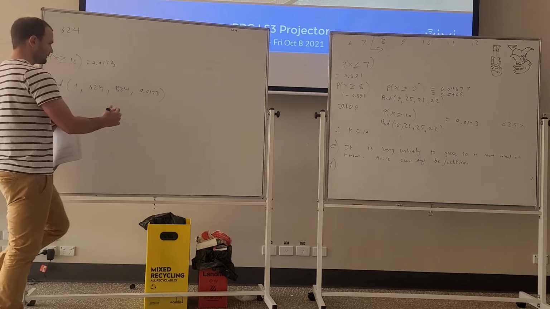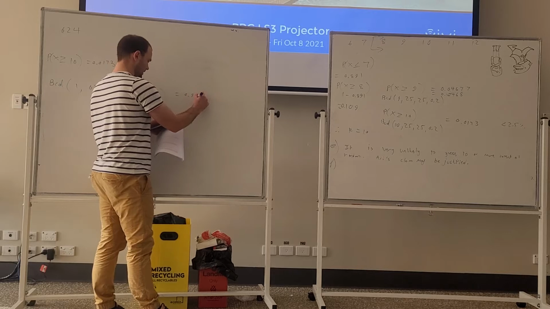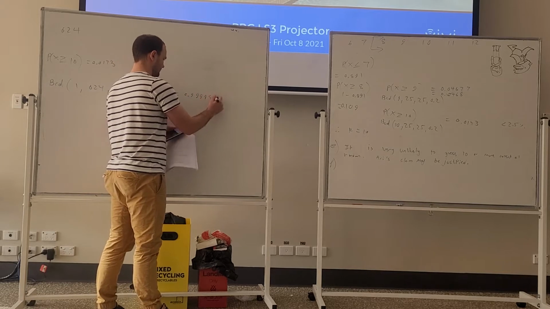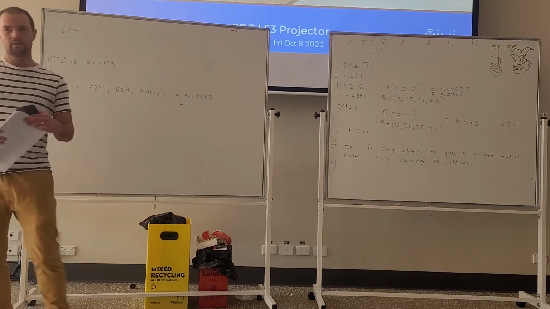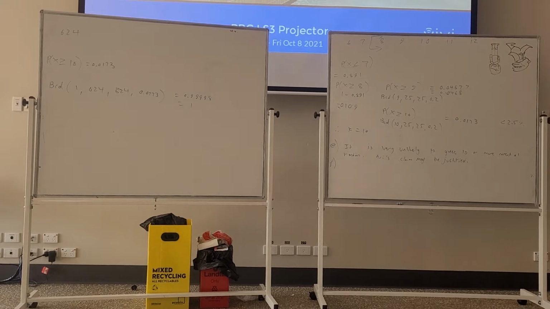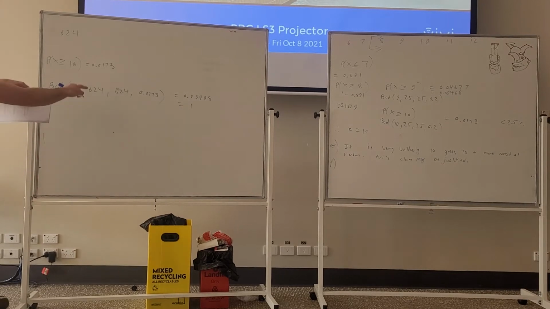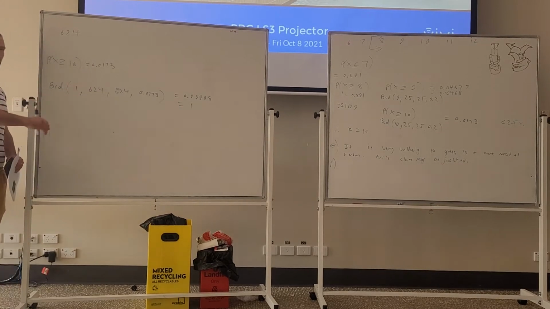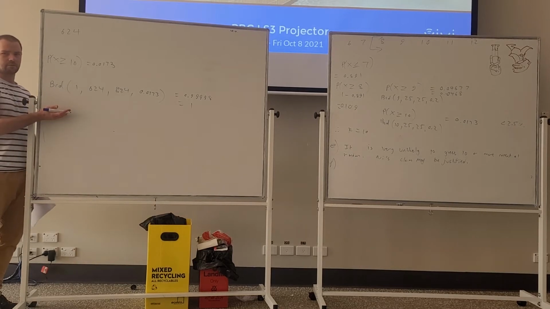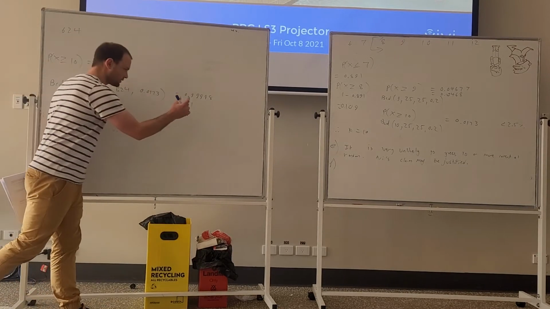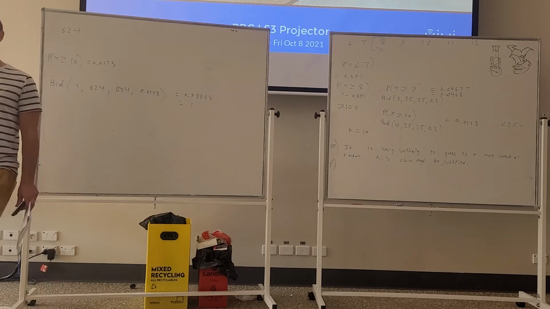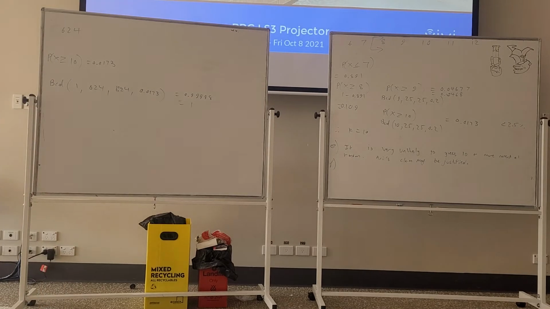Oh, look at that, I've got 0.99998. What does that mean? It means even though it's very unlikely for a single person to do it, when we repeat that experiment 624 times, it's almost certain to happen that at least one person will get 10 or more identifications correct.